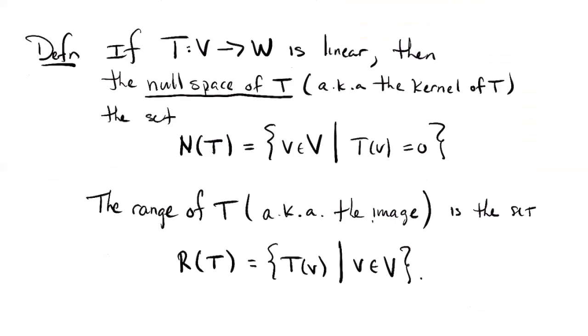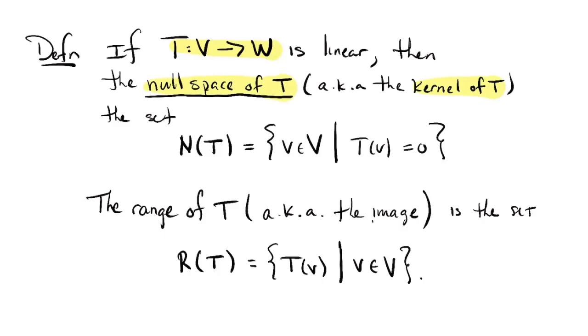So if you're given a linear transformation, say T from a vector space V to a vector space W, from context, they're vector spaces, then by the null space of T, which is also called the kernel. We won't use that terminology much in this course, but lots of linear algebra books do, and other subjects. So the kernel of a linear operator, the null space of a linear operator, it's the same thing.